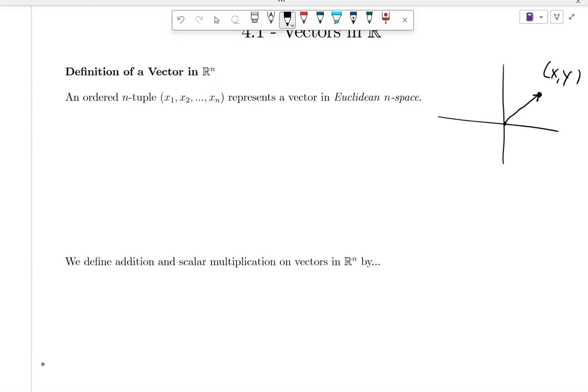In Calc 3, you then bumped it up a dimension. Same idea though.